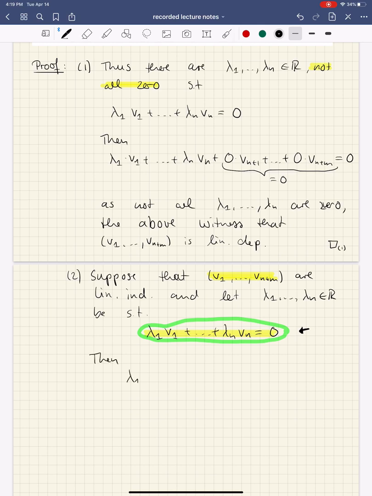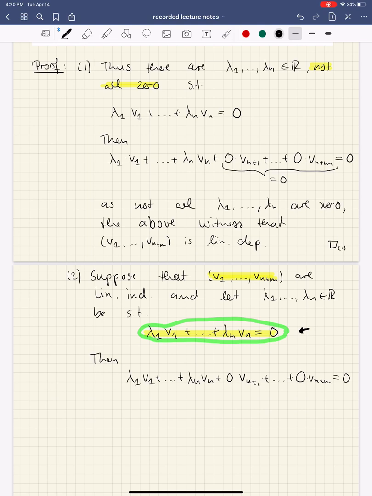With this given lambda 1 through lambda n, we also have that this here is equal to 0. So this is now not an arbitrary linear combination in the longer tuple, but it is a linear combination that is equal to 0. We know already that certain coefficients are equal to 0, but not necessarily all of them.